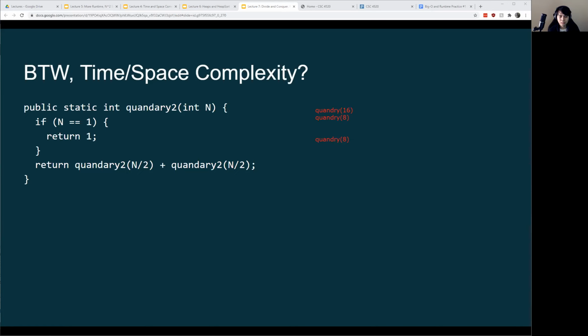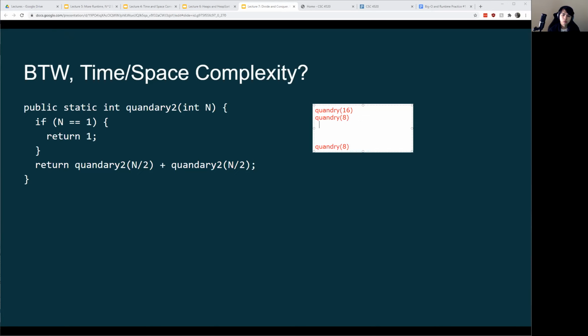Now, you can already see where I'm going with this. We have to call quandary of 8, and that means we then have to call quandary of 4 and quandary of 4. When we're in the middle of figuring out quandary of 16, we also have to figure out quandary of 8 twice.